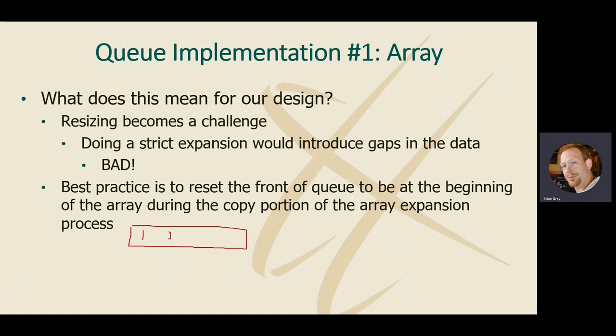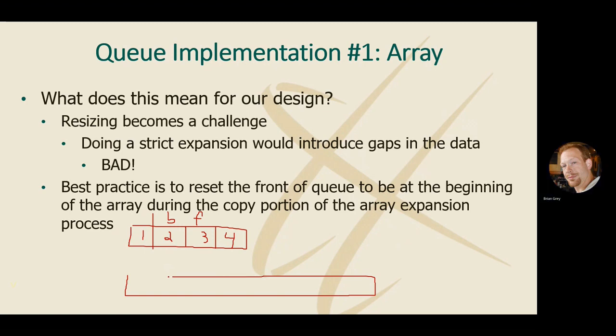So let's just imagine we have this array. 1, 2, 3, 4. Okay. And we're adding into it. And this is our back, and this is our front. Okay. And so we need to expand it. First thing we're going to do is expand. Right? And what we're going to do is go 1, 2, 3, 4, 5, 6, 7, 8. Great.